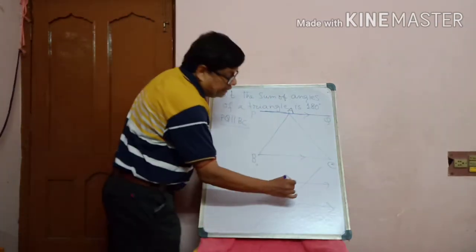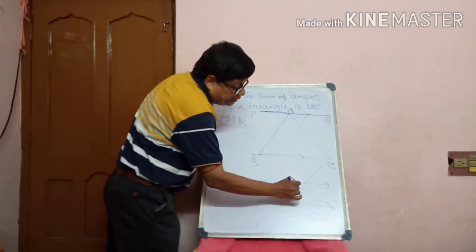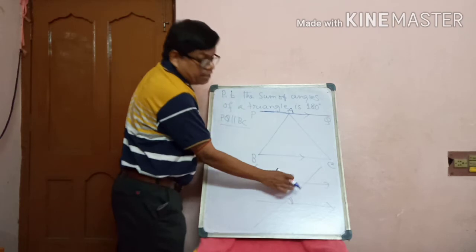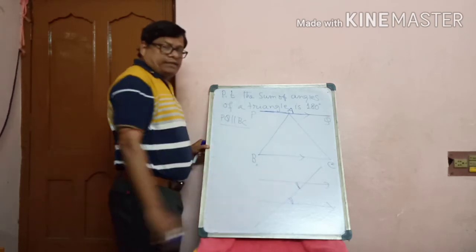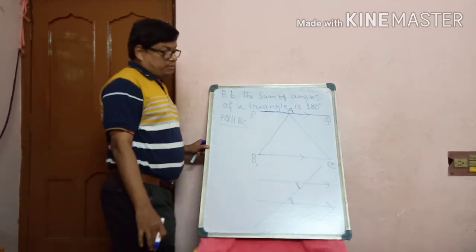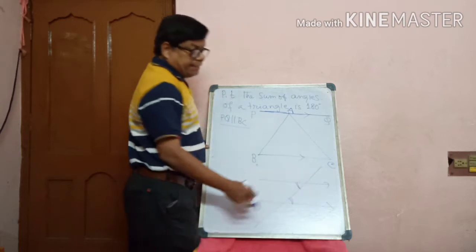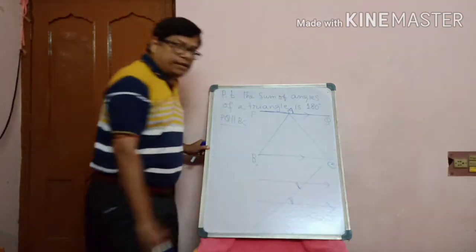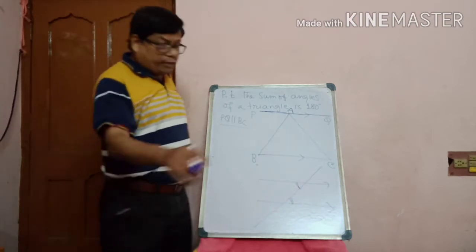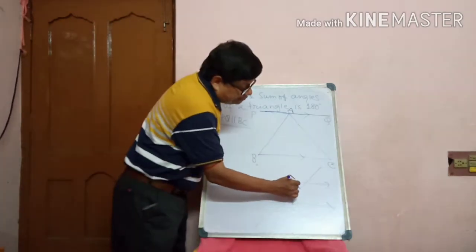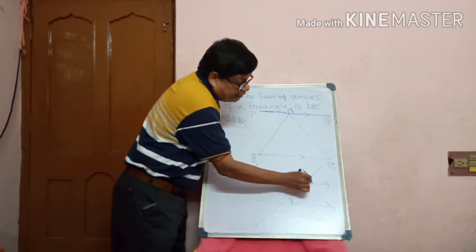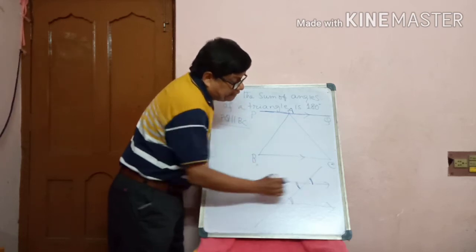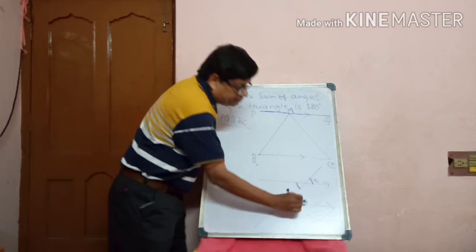See, this angle is always equal to this angle. So these are alternate angles. If alternate angles are equal, then these two lines are parallel. Another thing, look at here, this angle is equal to this one, vertically opposite angle. So we can write this angle equal to this angle.